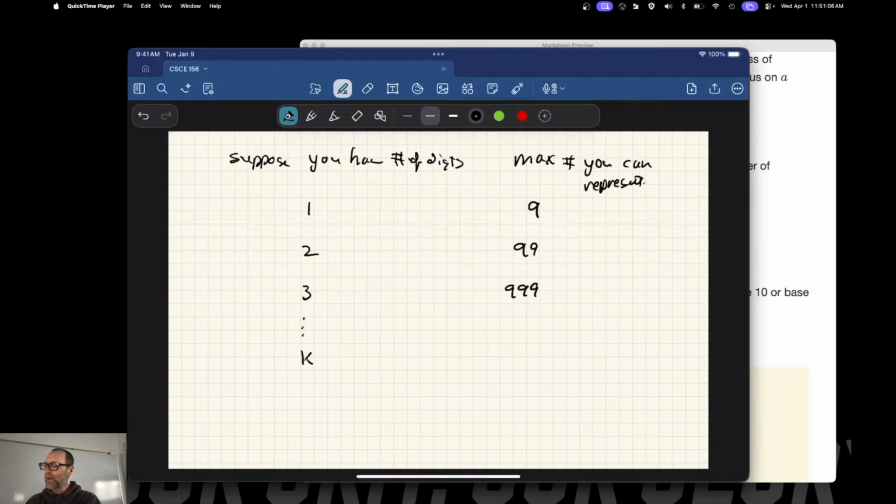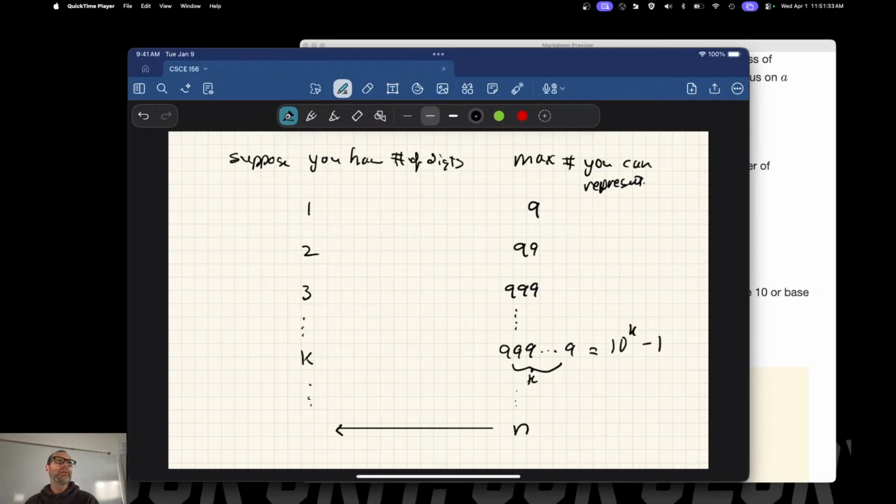What if I gave you k digits? 9999. There are going to be k of those things, right? Mathematically, what is that? 10 to the k minus 1. Why minus 1? Because you always start at 0, right? So, work backwards here. What if I asked you, here's a number n.